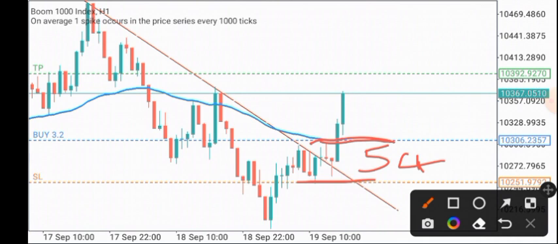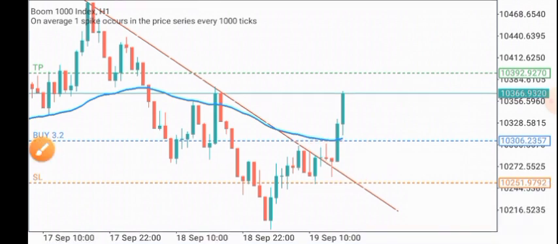What lot size will you use so that these 54 pips will be $20 or less, not more than $20? I gave you the formula.